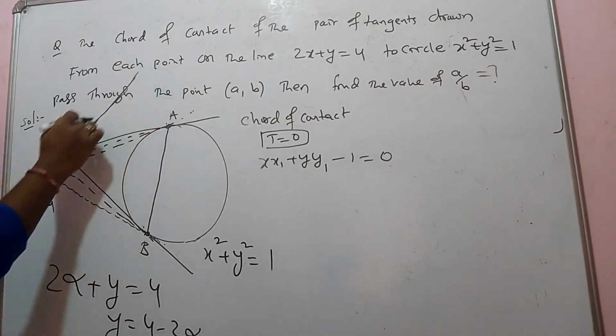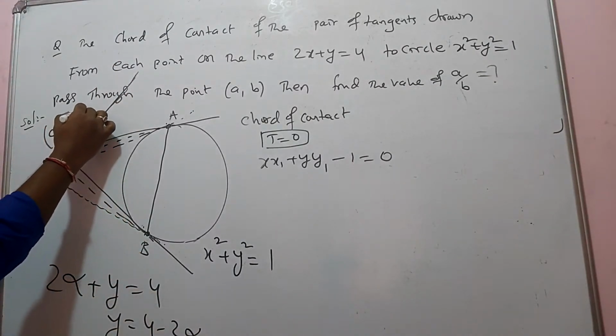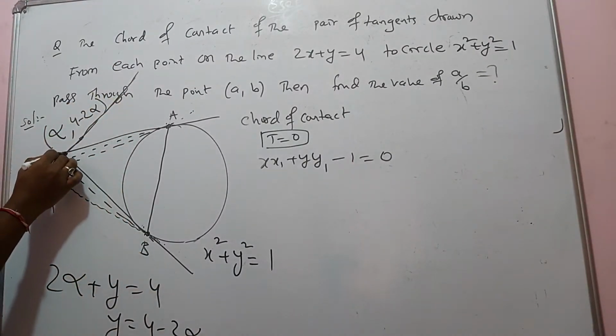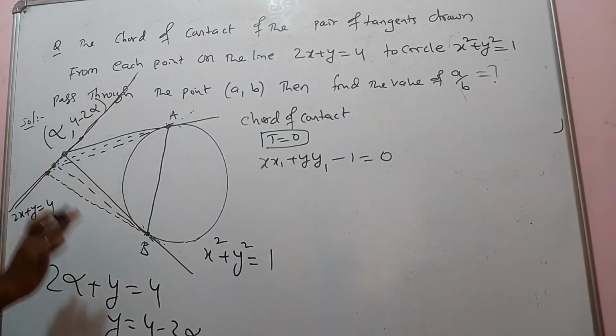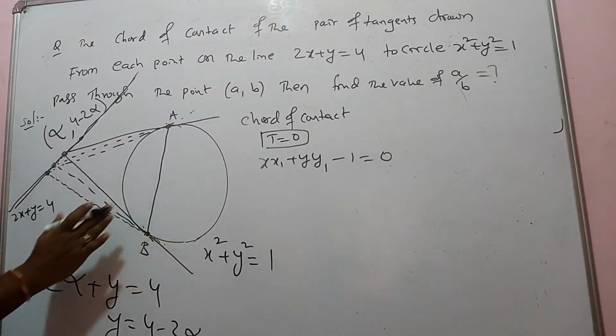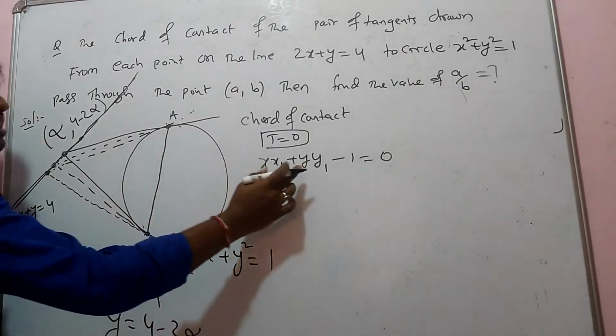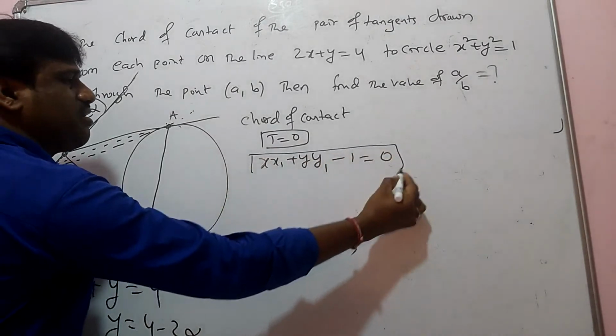Means the general point on this line is alpha comma 4 minus 2 alpha. This is the general point on the line that satisfies this equation. So that point should satisfy this equation of the tangent, right?